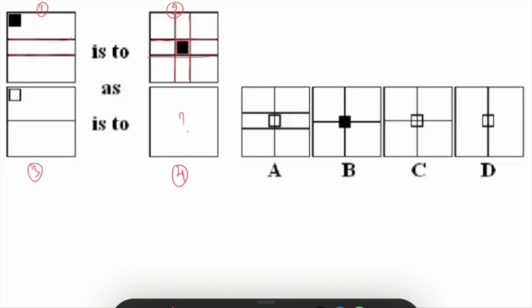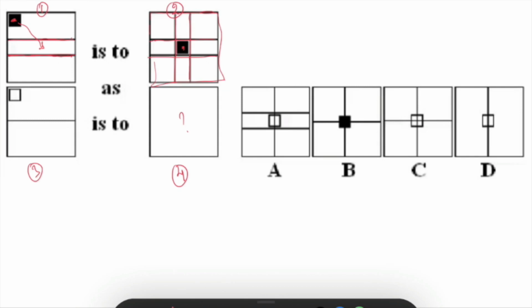So we added the same horizontal lines, I added the same number in a vertical position. And I noticed that the black square moved inward, to the center of the big square. So what changed here is I added the same number of horizontal lines as vertical lines.